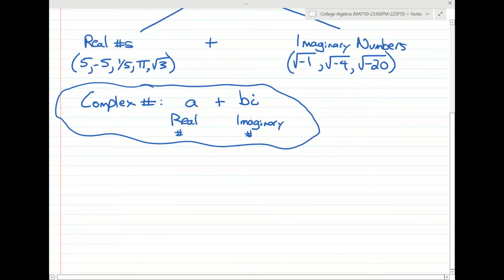You need to know 4 things. Generally in class, I don't ask you to memorize things, but this is going to be one of those times where I do. So there are 4 types of imaginary numbers.